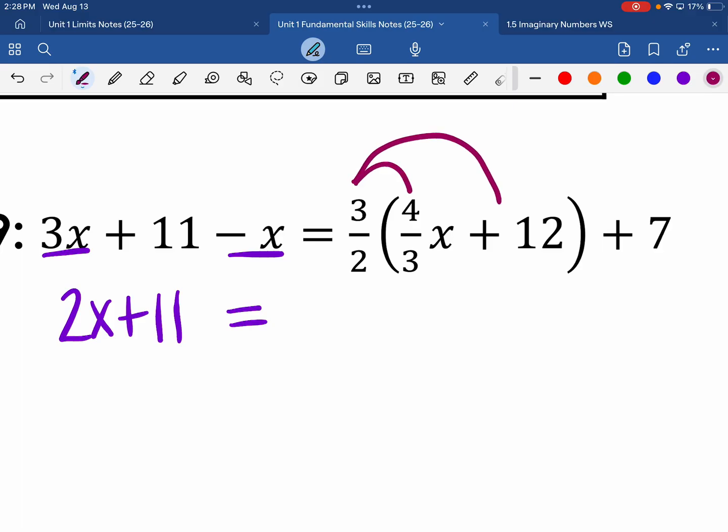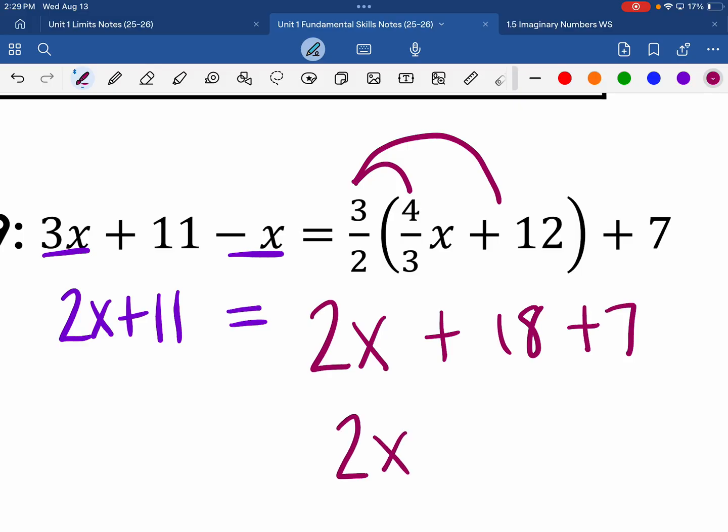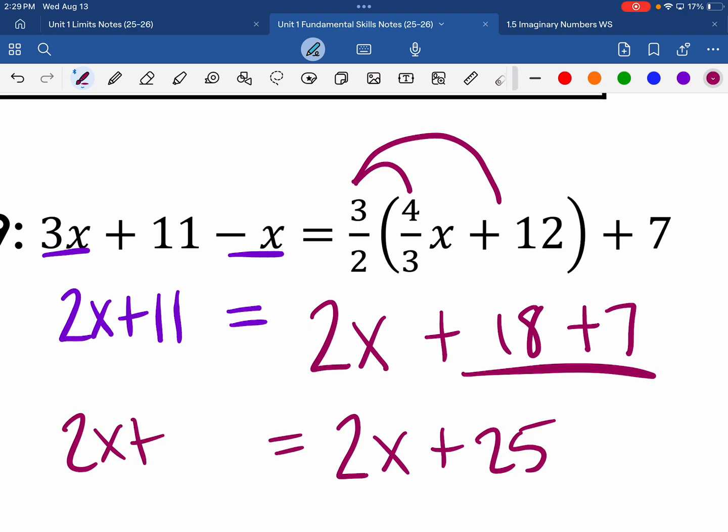So I've got to multiply. 3 times 4 is 12 divided by 6, which is 2. Plus 3 times 12 divided by 2, 18. And then I also have a plus 7. When you combine the 18 and the 7, 25. And I'm just going to drop down that 2x plus 11 from this other side.